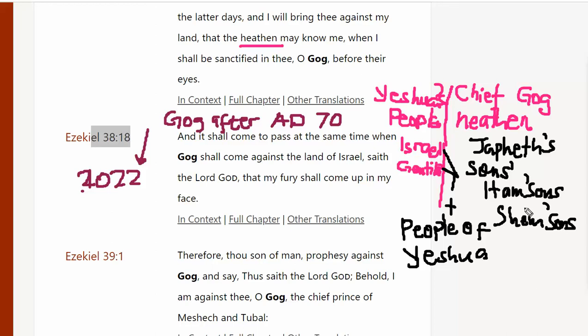Because these are unsaved, but some of them will also be saved and will be people of Yeshua. So when we look at Gog and Yeshua's people, people are still being saved even now, because we are still in the future. This hasn't happened. But in AD 70, that's what the book of Revelation is talking about.